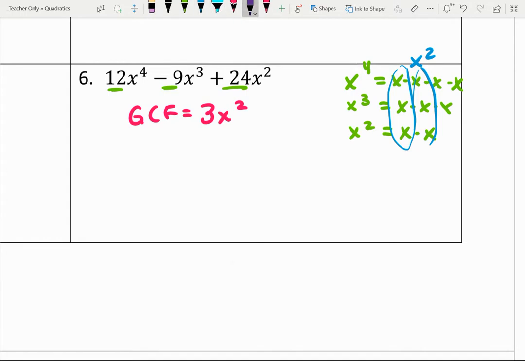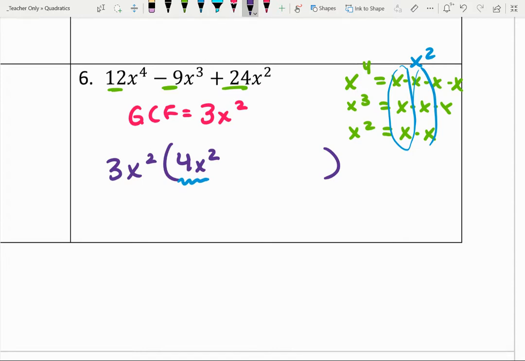So factor out 3x squared, and then I think about what remains. So 3x squared times what will make 12x to the 4th? Well, I need 4x squared. 3 times 4 makes 12. X squared times x squared makes x to the 4th.